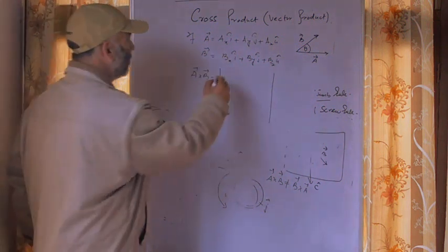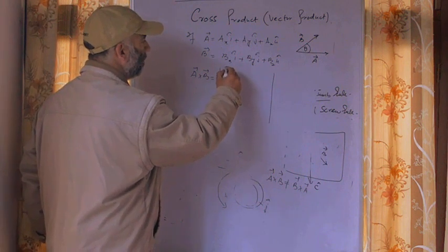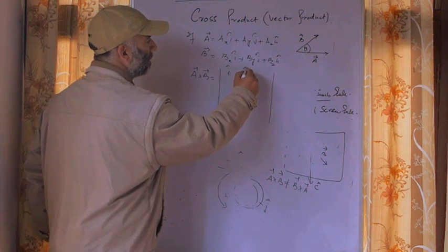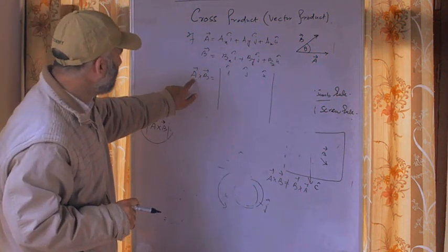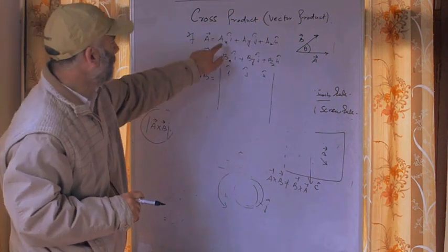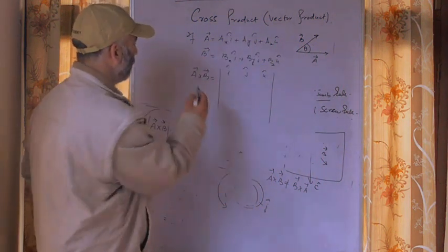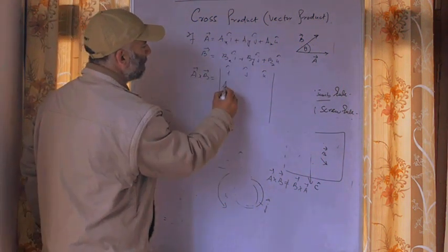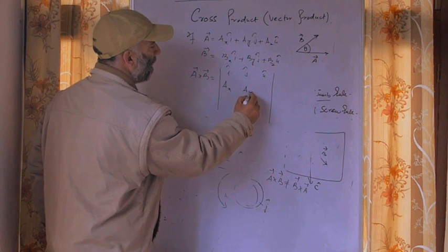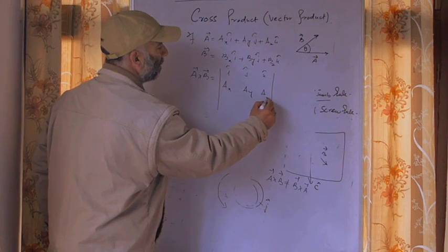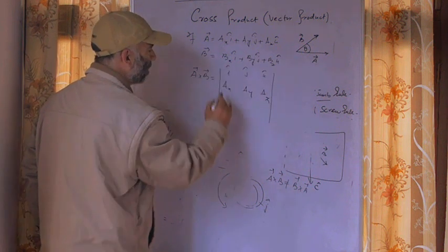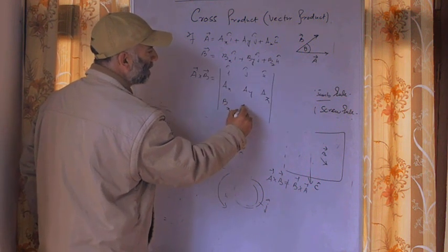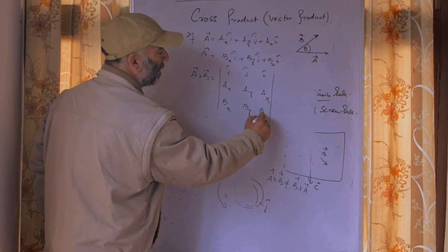So for A cross B, the simple technique is to take a determinant. Write down the three rectangular unit vectors i, j and k. Then write down the coefficients of i, j and k for vector A: this is AX, this is AY, this is AZ. Similarly, the coefficients of i, j and k for vector B: this is Bx, this is By, and this is Bz.